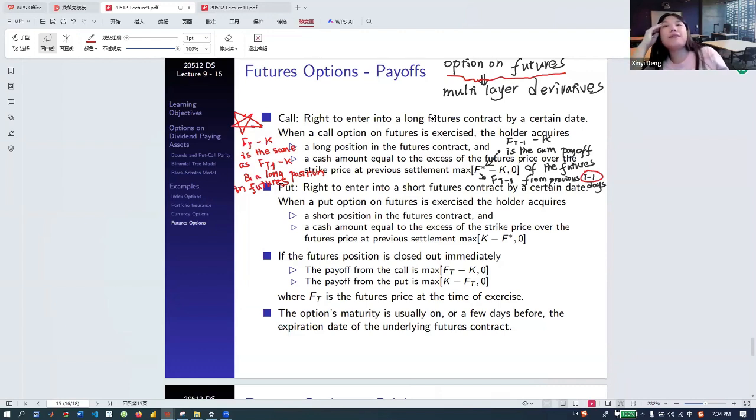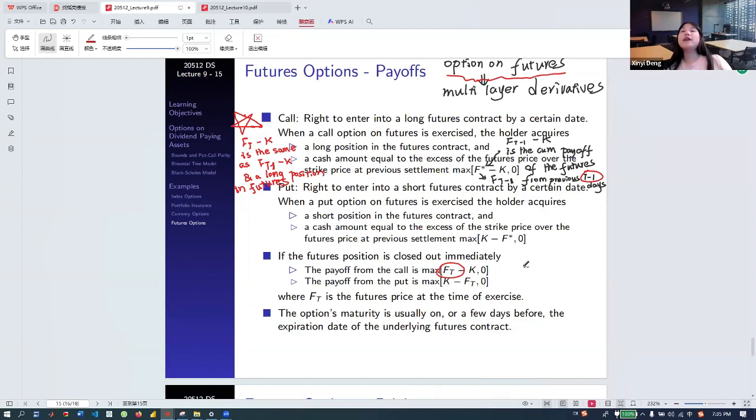And then there are two ways of closing out the position, so two ways of settlement. One way is cash settlement. Since it's an option on futures, F_T acts like the underlying asset, though not exactly.